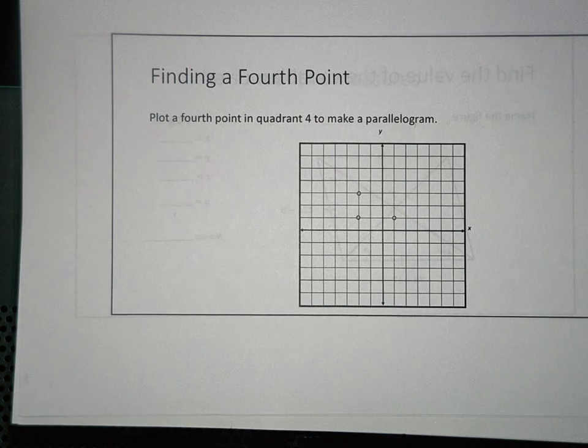Good, good. Perfect. Nope. Your y value is correct, but your x isn't.